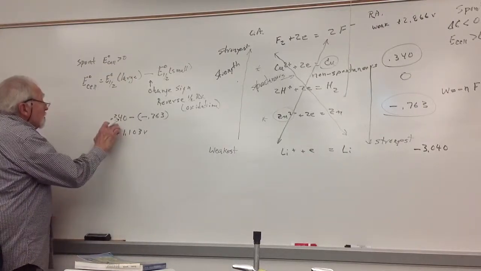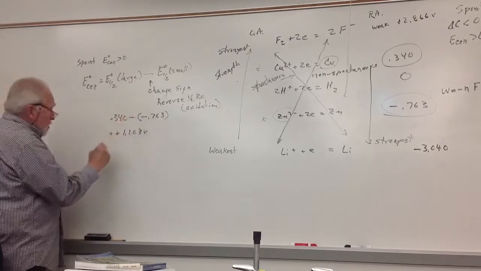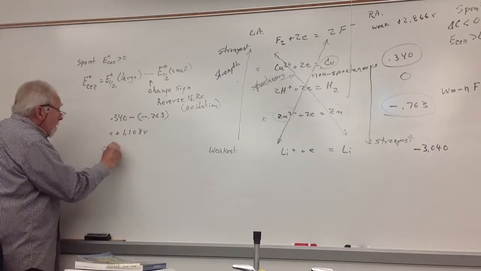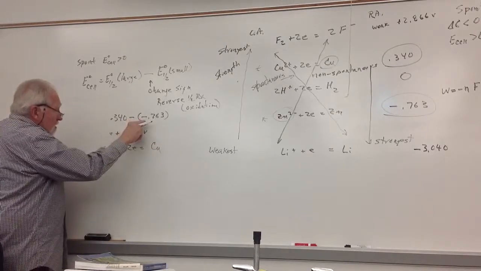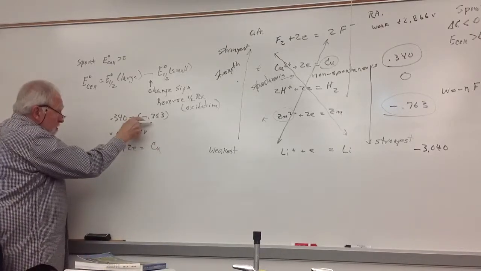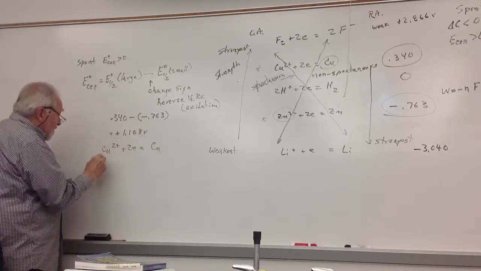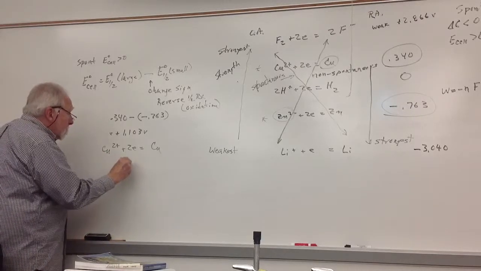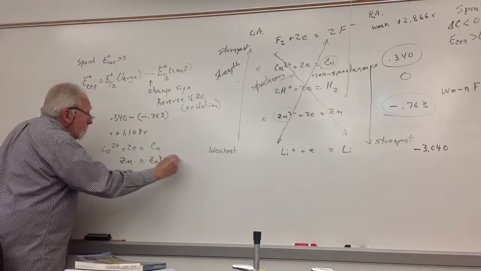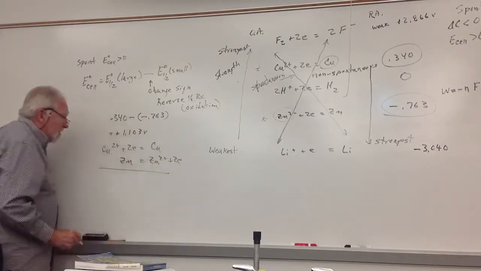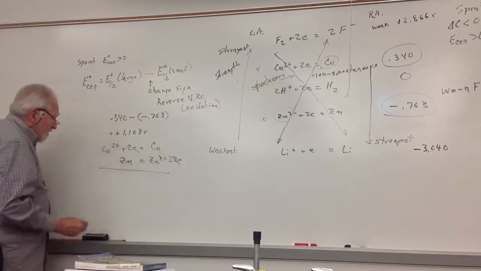The thing that goes with it, 0.340, I didn't change. But I changed this one by putting the minus here, so I have to write that as an oxidation. I add them together, no electrons left over.